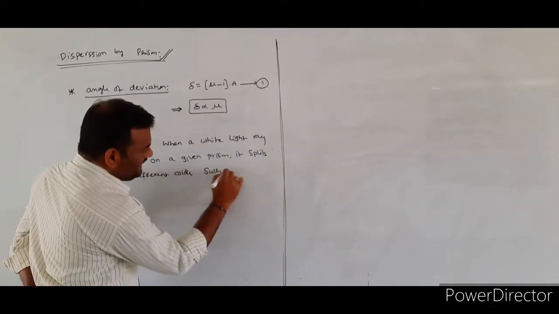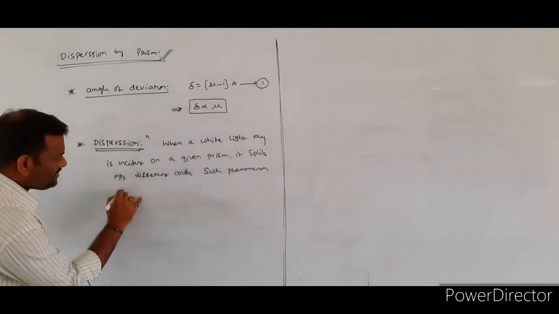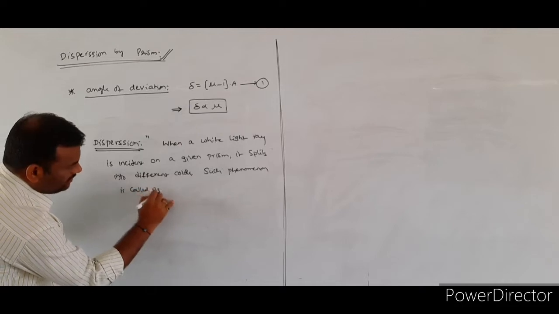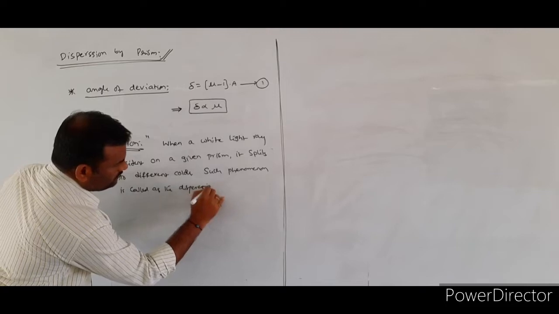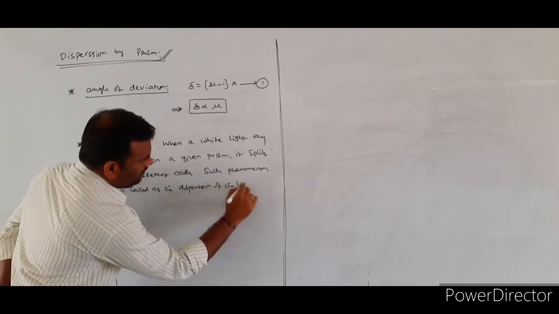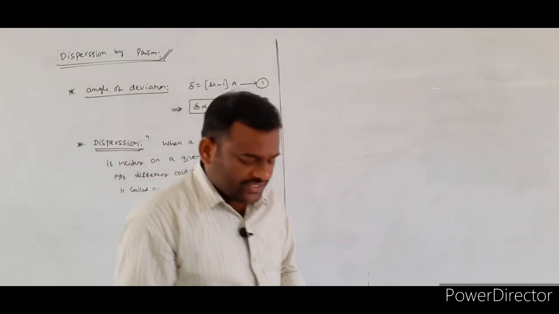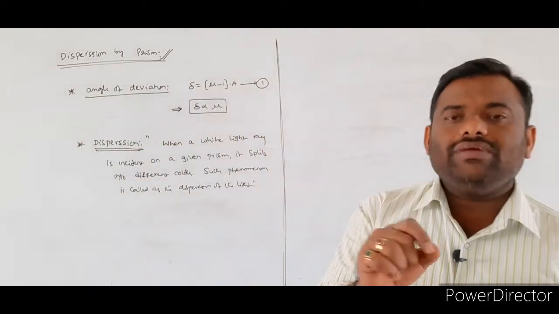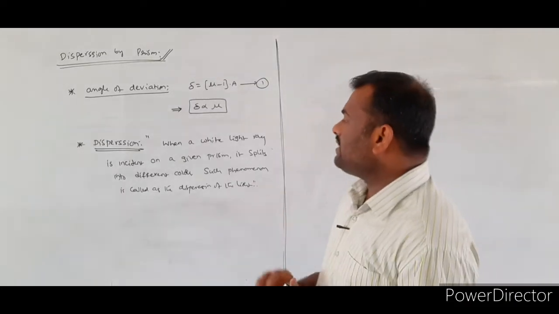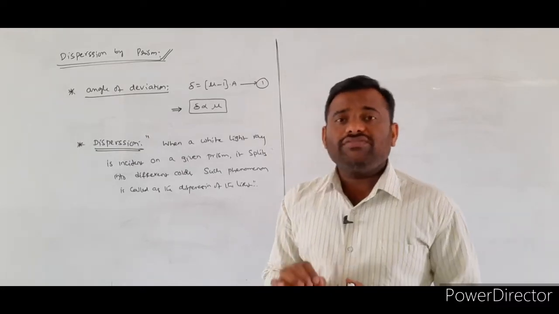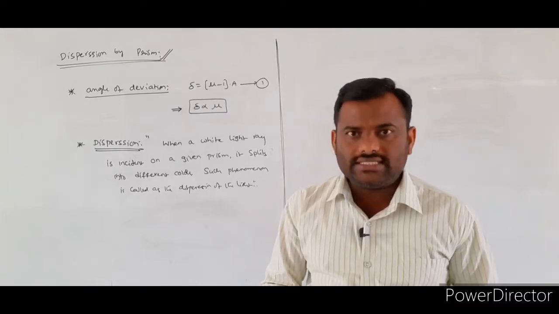Such a phenomenon is called the dispersion of the light. So what is the definition of the dispersion of the light? Whenever a white light ray is incident on the given prism, that white light splits into different colors.